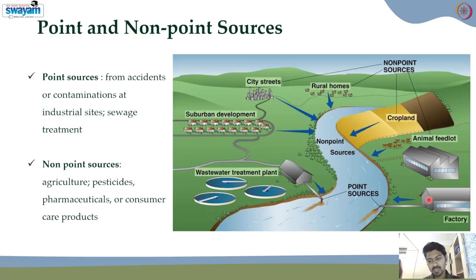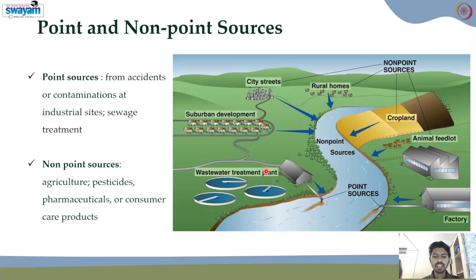As we understand, the wastewater is directly coming from a source place, which is the factory. That's why we call it a point source. That is, we know the origin of the pollutant, which in this case is the factory.